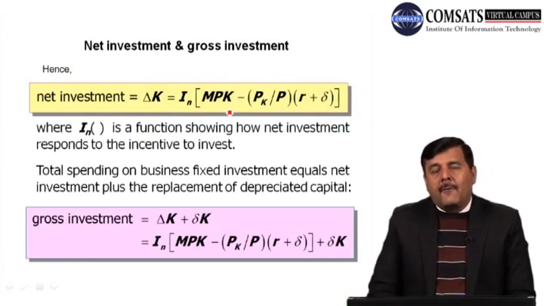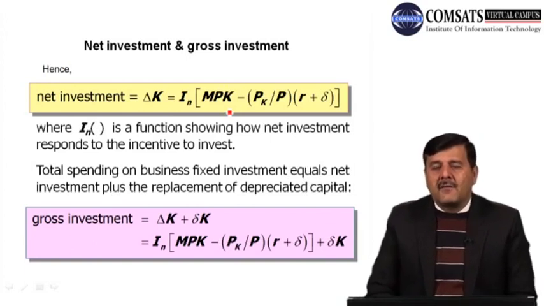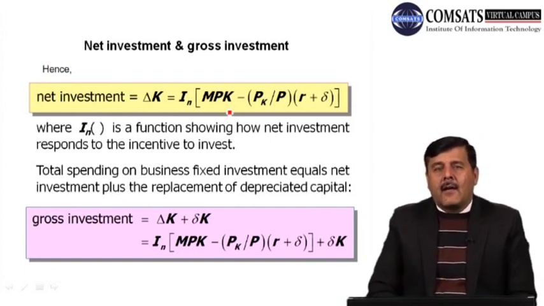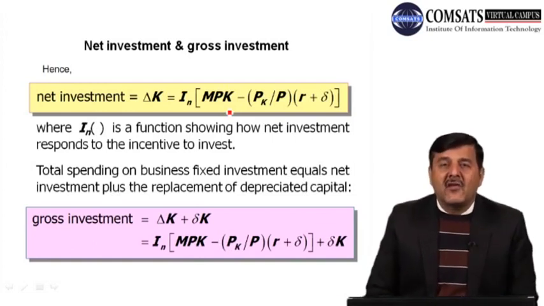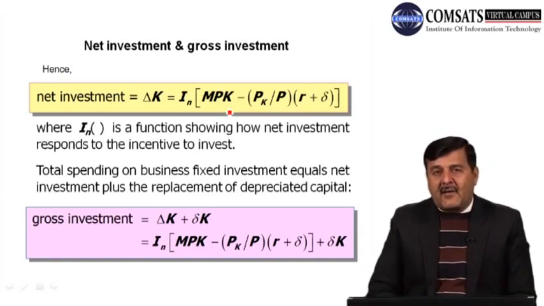So from this profit equation, we can write the equation for net investment. We can also write the equation for gross investment. Net investment can be written as delta K, defined as the change in capital. When firms change capital, it means there is an increase in net investment.